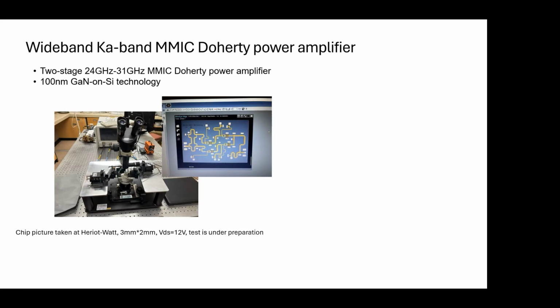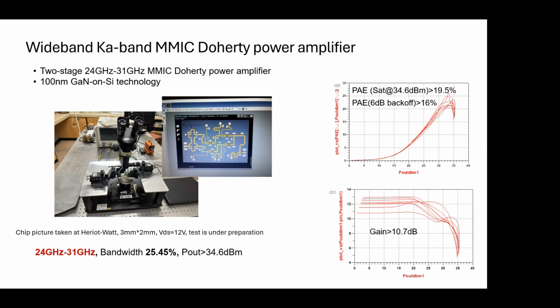The chip size is 3 mm by 2 mm, and the VDS is 12 V. Because I received the chip 2 months ago, the test is under preparation. So the specification I showed earlier is based on the simulation result, not the measurement, right? I hope it will come out soon.